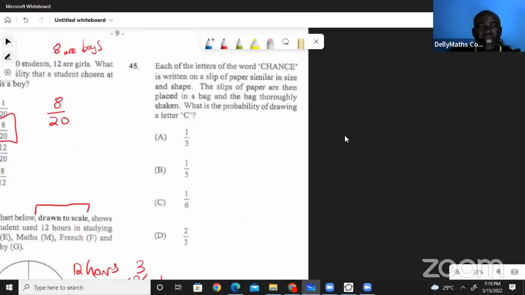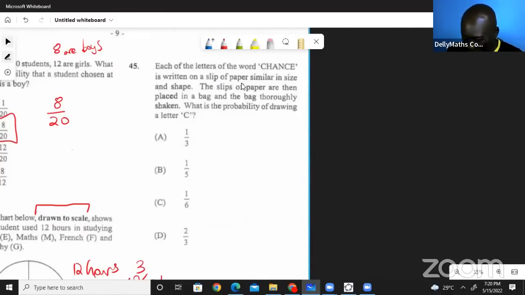So 45 says, each of the letters of the word chance.